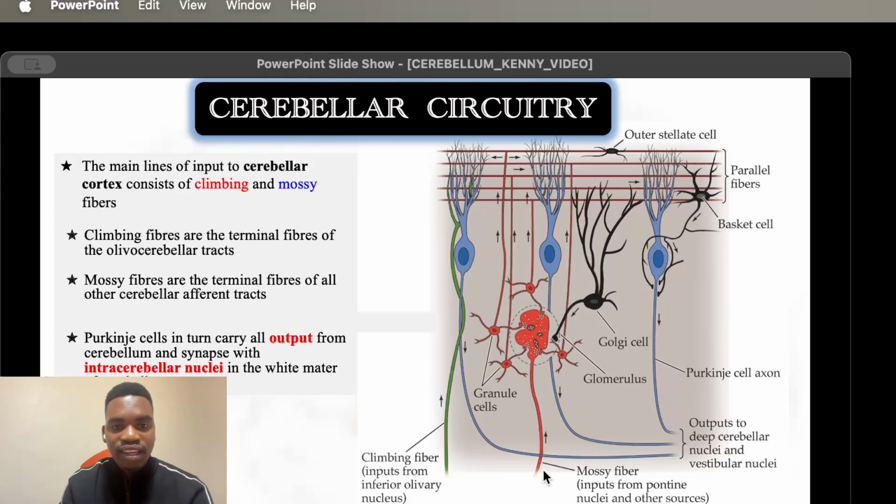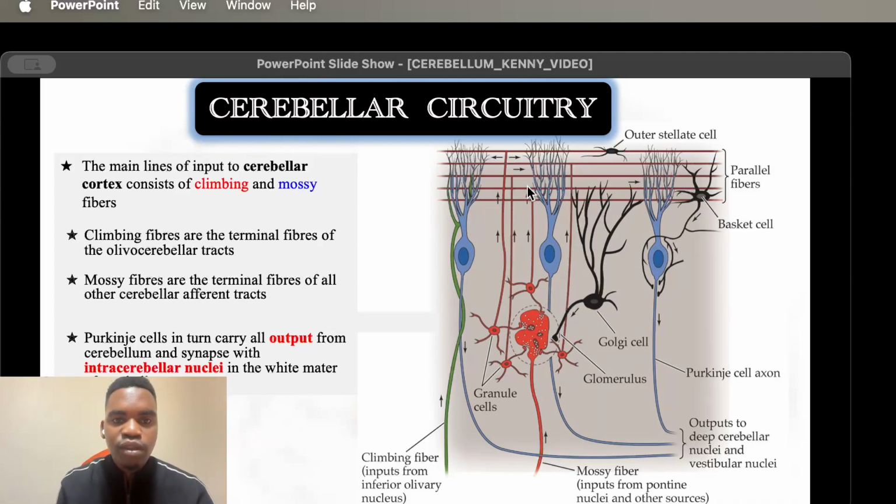What I was saying is, as this Morse fiber terminates, the dendrites from these Morse fibers bifurcate into two. See, it bifurcates. One branch will go in this direction, and the other branch will go in this direction. Same applies. They say it makes 90 degrees.